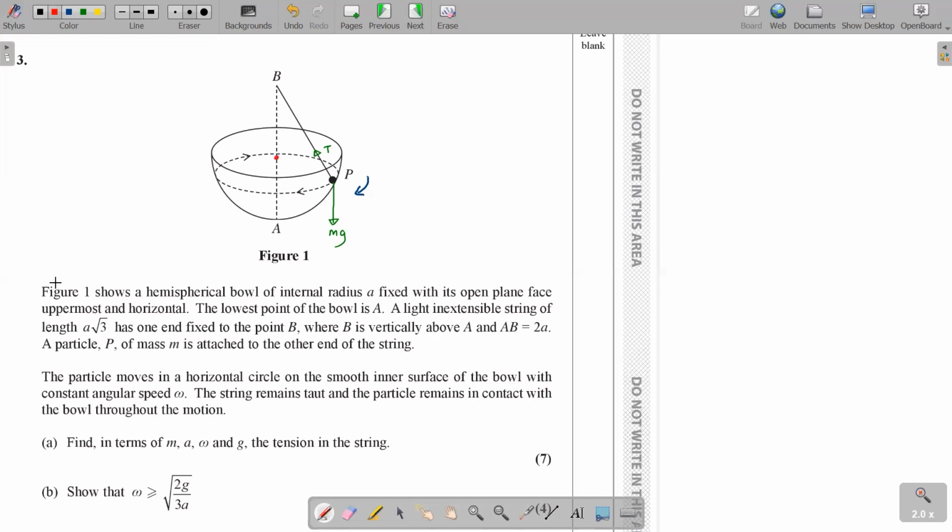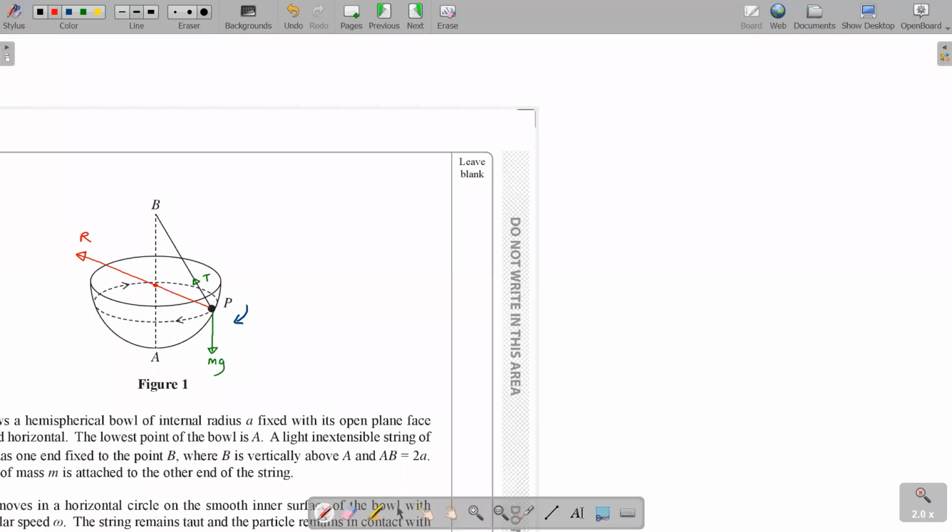So the normal reaction, you can't just draw it anywhere you want. It must pass through the center. So this is the normal reaction. The normal reaction must go through the center of the hemisphere.